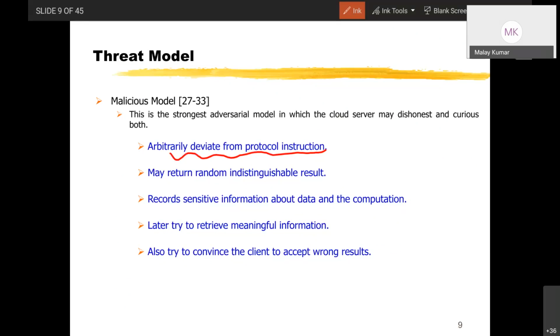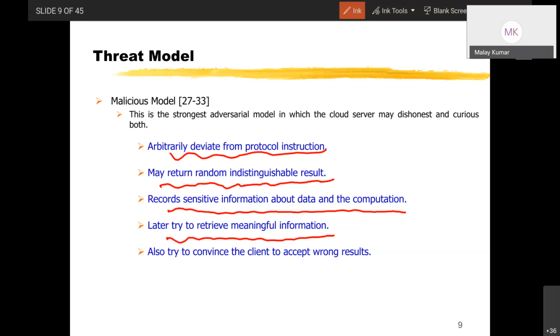It may deviate from the algorithm instructions and may return random, indisputable results. Further, it may record the sensitive information about the data and computation and later try to retrieve meaningful information. And when you perform the verification, because it may produce wrong results, you have implemented a result verification mechanism. Even so, it tries to convince the client that the result produced by the computation is correct, and it tries to deceive the result verification step.